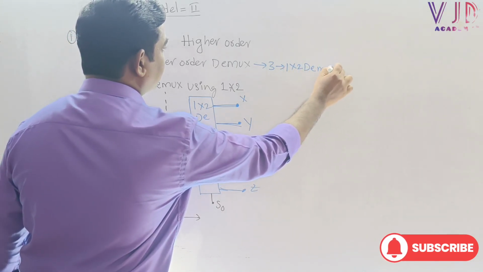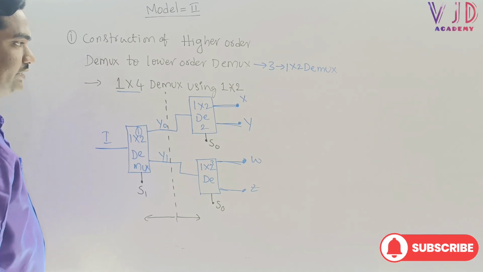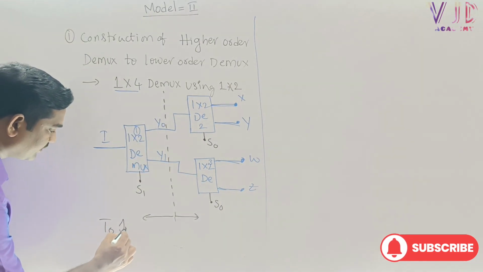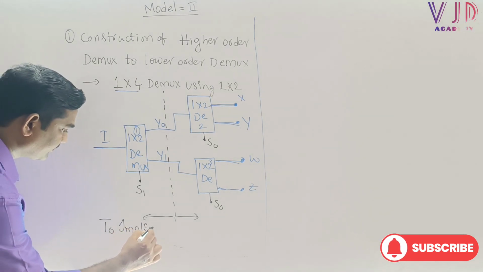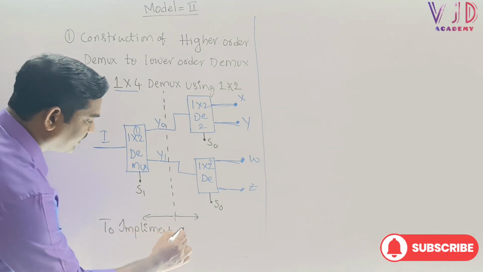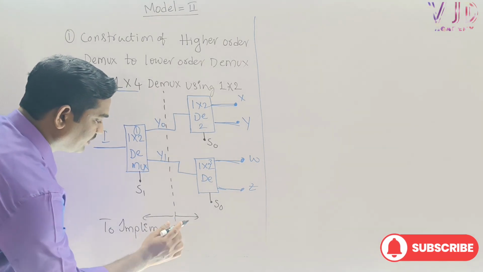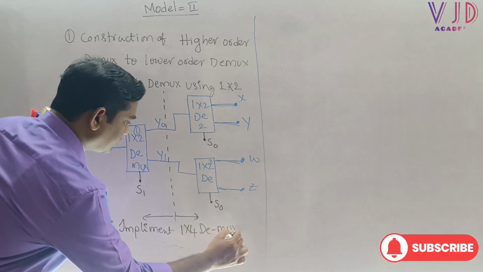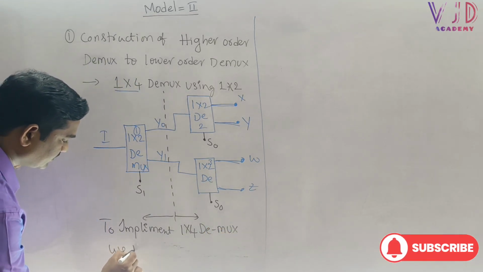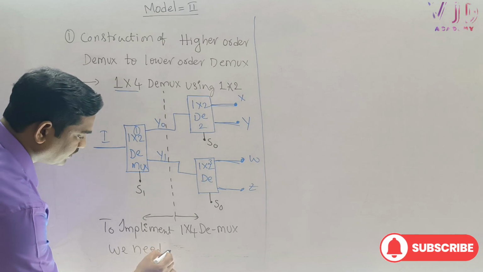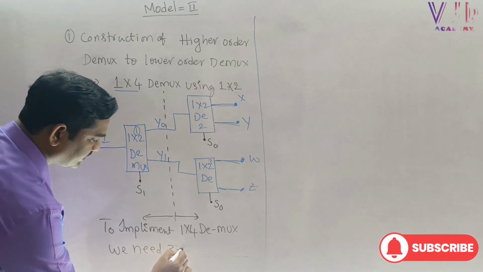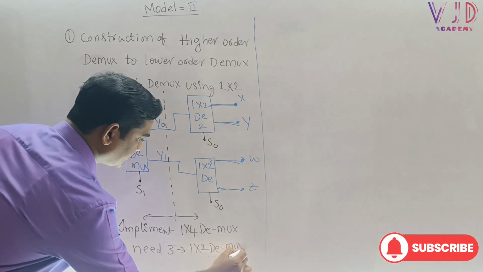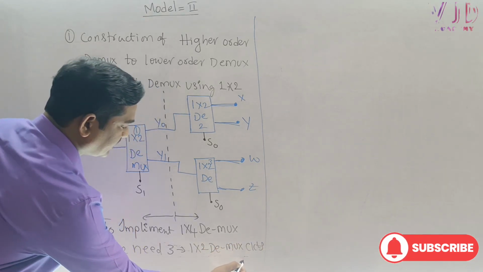Sir, this is the question. Here the answer we can write as: to implement 1 into 4 demux, we need 3 1 into 2 demux circuits. This is the answer.